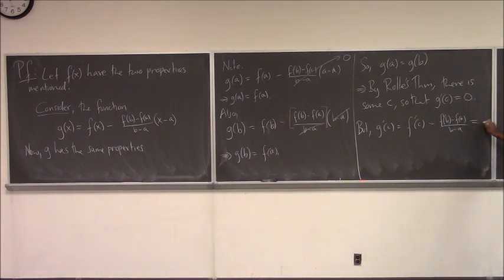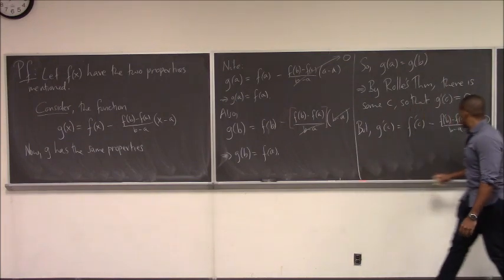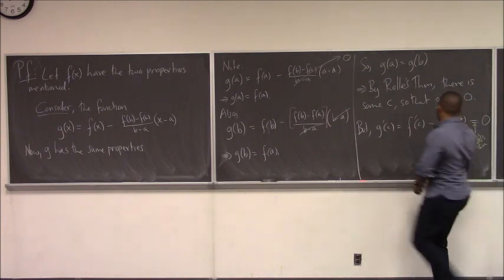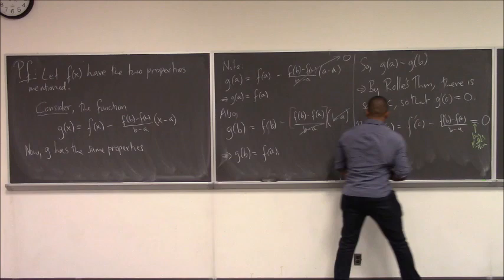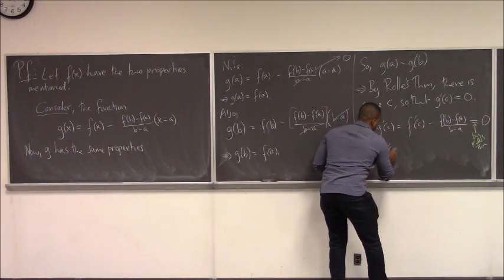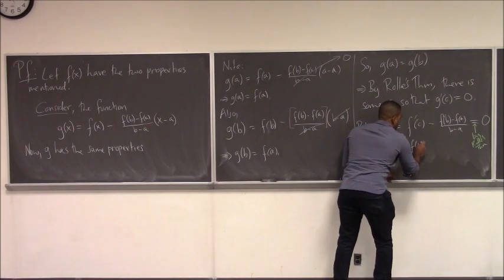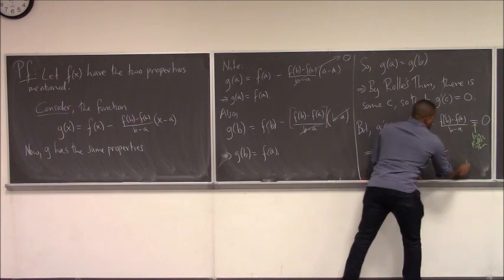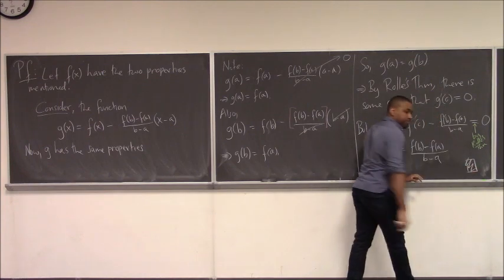And we know that this is equal to 0 by Rolle's theorem. And so now what you can do is just move this to the other side. And that is the proof.